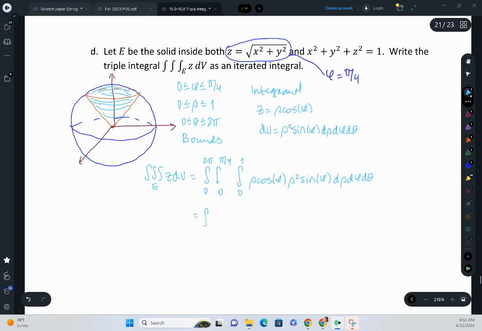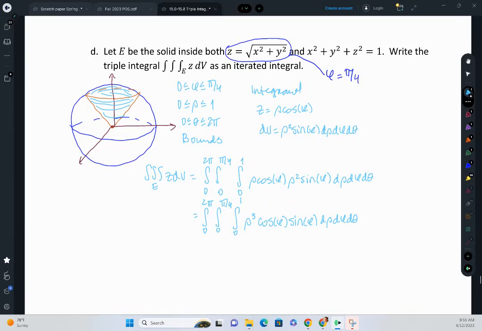And that does simplify just a bit, 0 to 2 pi, 0 to pi over 4, 0 to 1 of rho cubed cosine of phi, sine of phi, d rho, d phi, d theta. And that's what we would integrate. Okay?